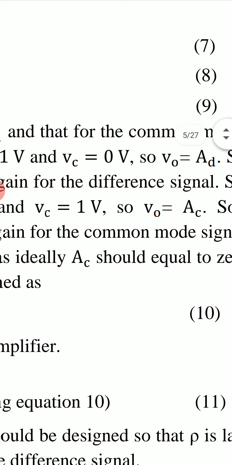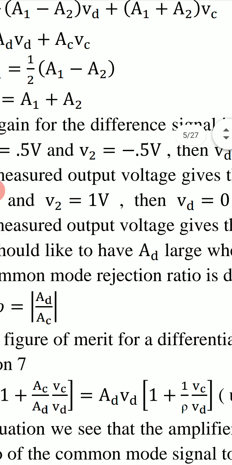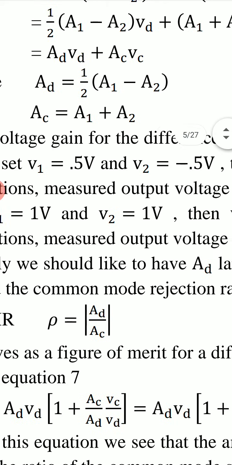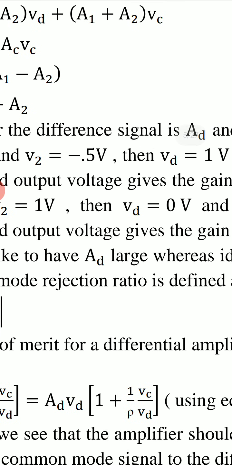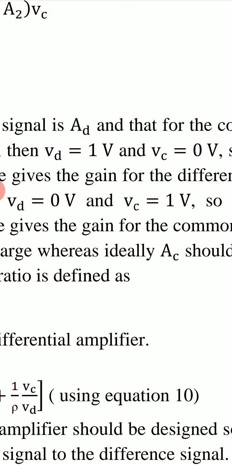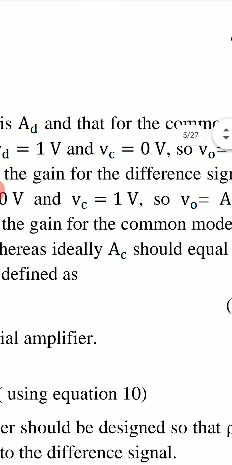Similarly, if we choose V1 and V2 as equal to 1 volt both, then difference signal Vd becomes 0 volt and average signal, common mode signal Vc becomes equal to 1 volt.